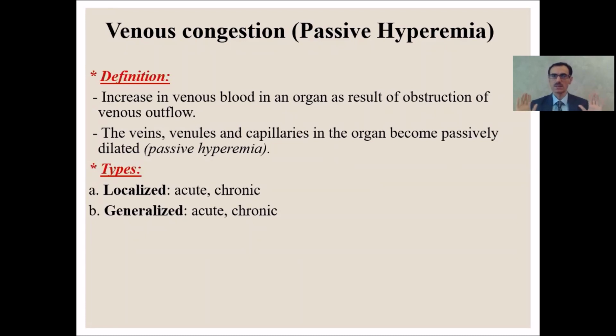Now let me discuss passive hyperemia. It is the increase of venous blood in the organ as a result of obstruction of the venous outflow, venous drainage. So the veins, venules, and capillaries in the organ become passively dilated. We call it passive hyperemia. There are also acute and chronic types, localized and generalized.